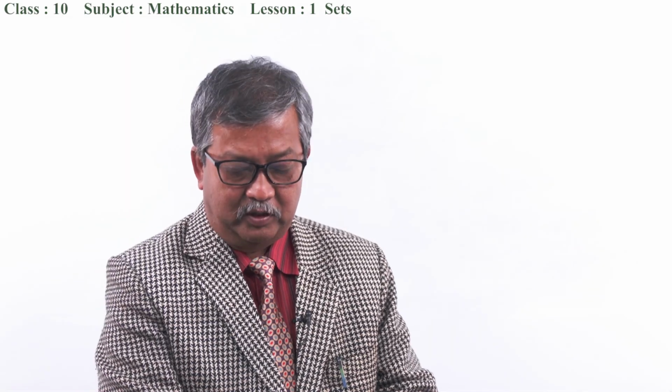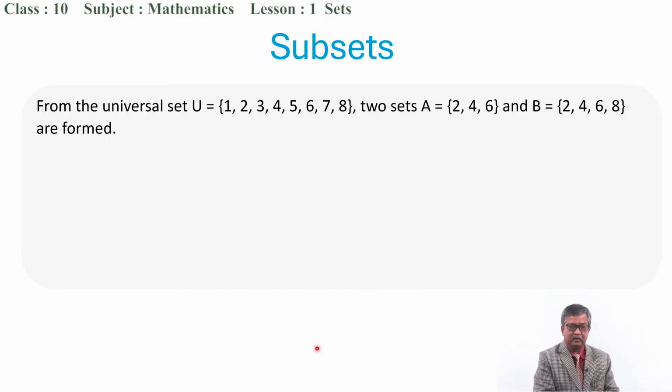Now about subsets. Subsets means what? Look here. Here is universal set U whose elements are 1, 2, 3, 4, 5, 6, 7, 8. There are 8 elements, and from this universal set 2 sets are formed. One set is A whose elements are 2, 4, 6, and the other is B whose elements are 2, 4, 6, 8. So what do you get here?